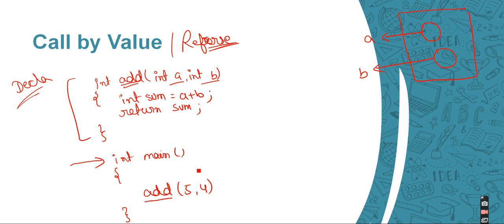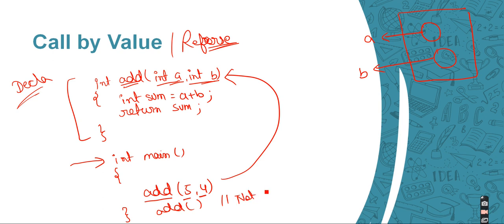It is going to accept two variables, so we need to pass the values here, then only we can call this. If we just write add like this, it is not going to run, it will show a compile time error. We need to provide whatever values are needed by this function. So we are passing 5, 4.